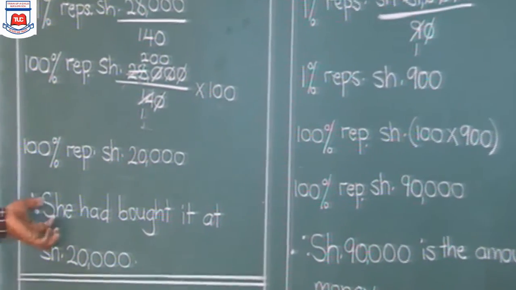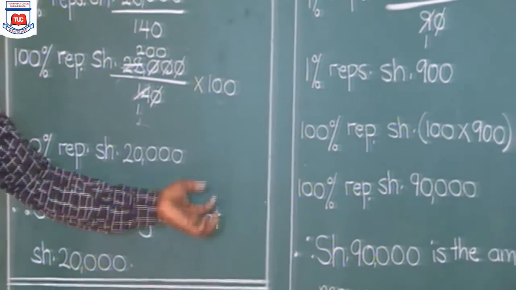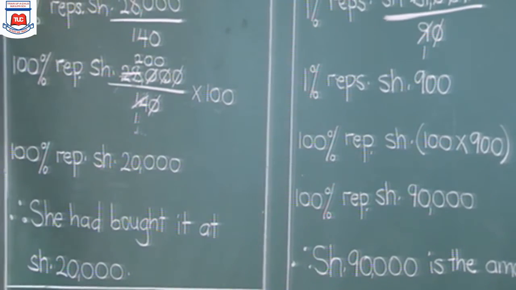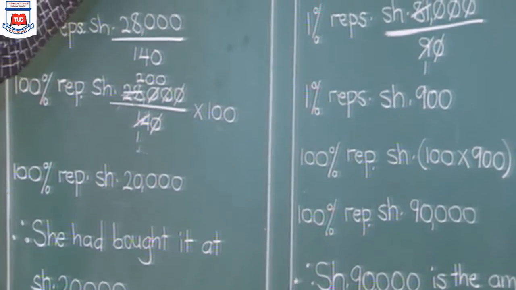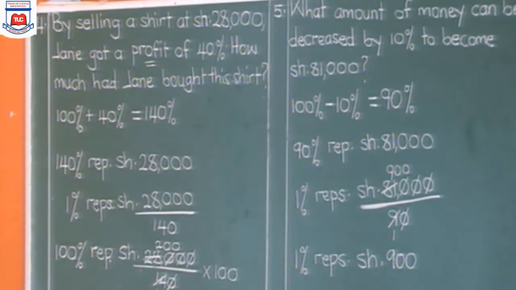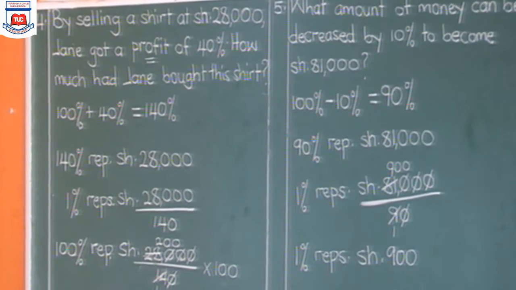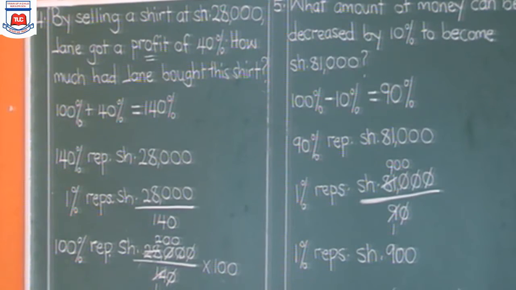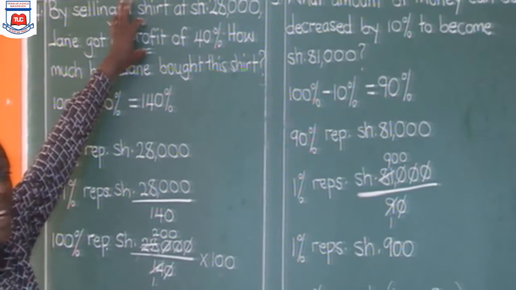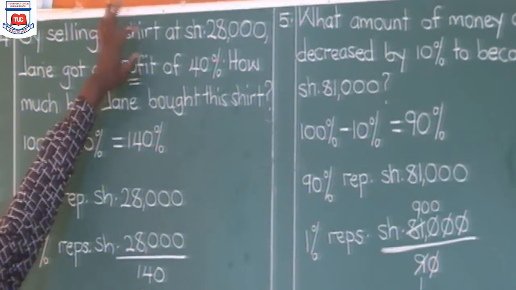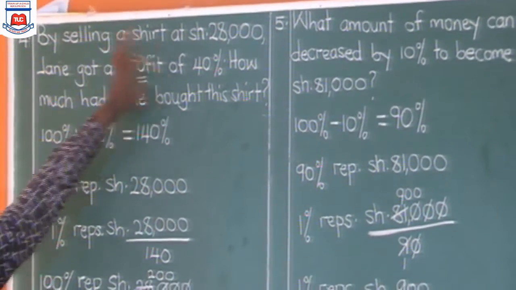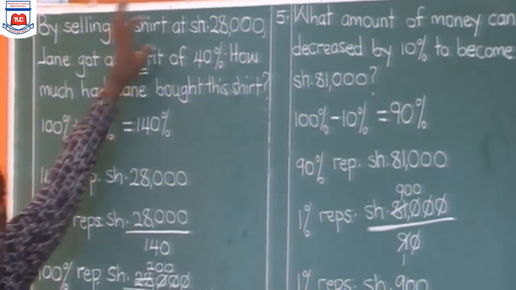Therefore, she had bought this shirt at 20,000 shillings and sold it to another person at 28,000 shillings, thereby getting what's called a profit. Remember, wherever somebody sells at a higher amount than he bought a commodity, he earns what is called a profit. Profit is also called a gain. So when I say Jane got a gain, it's the same as Jane got a profit.